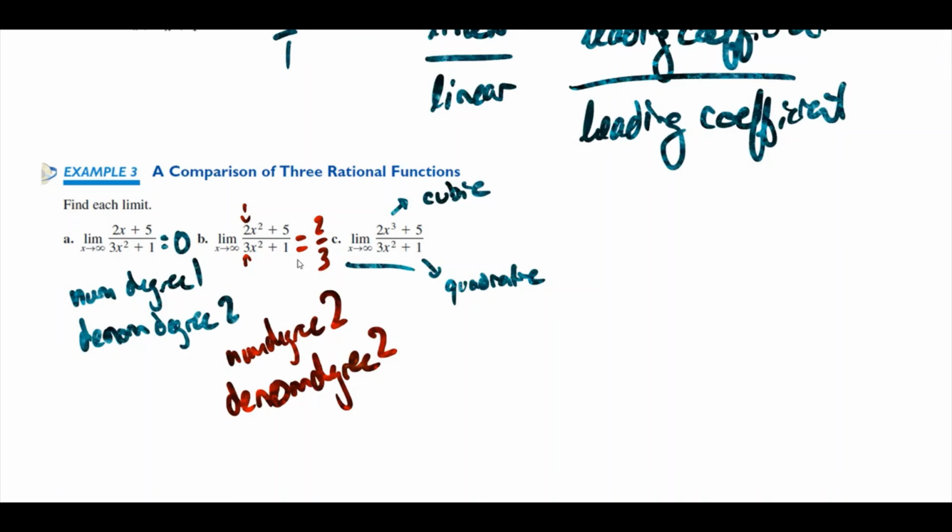In our denominator, we're going to have a giant number squared, and then tripled, and then add 1. So what's really happening here is that we're going to grow a lot faster in our numerator than in our denominator. So this is going to end up being positive infinity, right? Because we have a much more giant number in the numerator than in our denominator. So this limit does not exist.